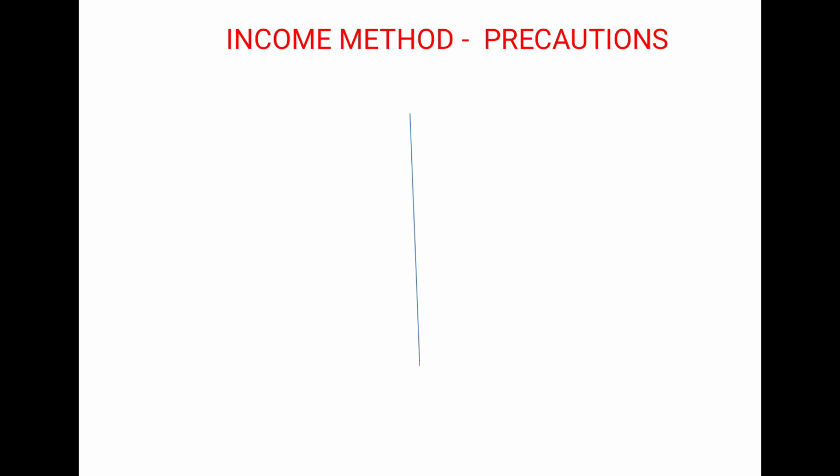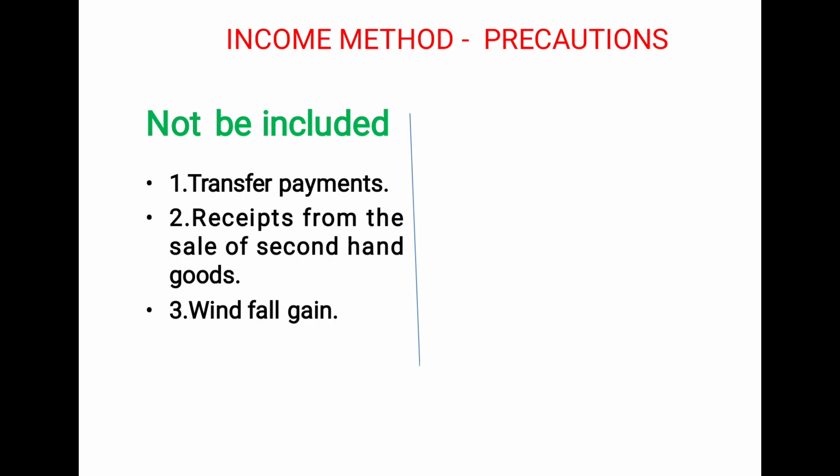Now there are some precautions we have to take into consideration while calculating the national income. What are the things that should not be included? First one is transfer payment. What do we mean by transfer payment?